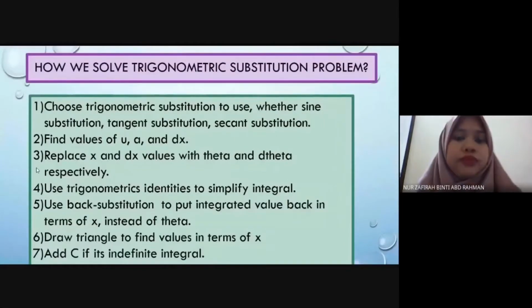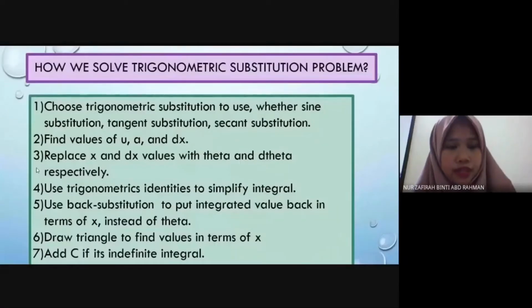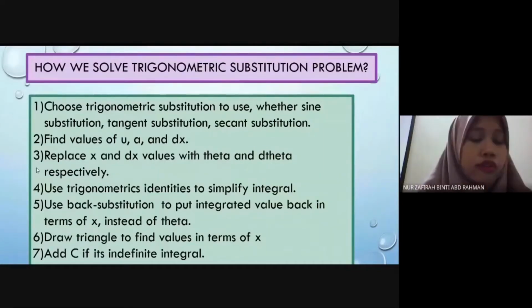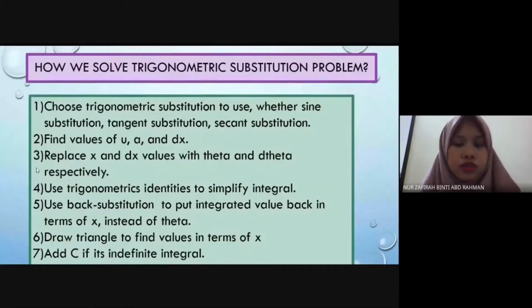when answering the question. Next, we will use back substitution to put the integrated value back in terms of x instead of theta. And next, we have to draw a reference triangle to find values in terms of x. If we do not use the triangle to find the values, we can't solve the integral.